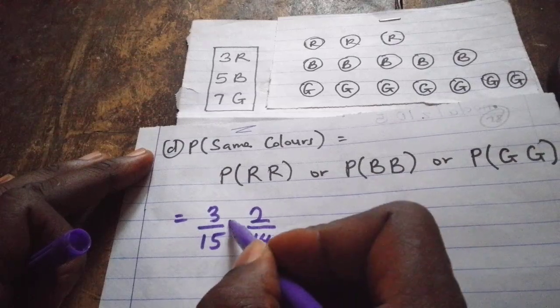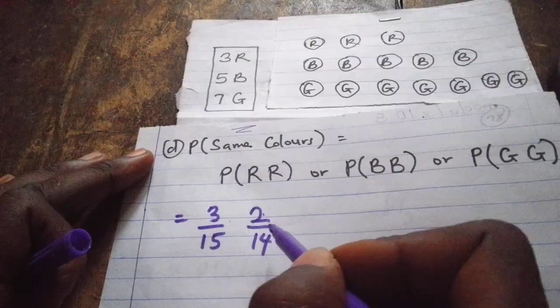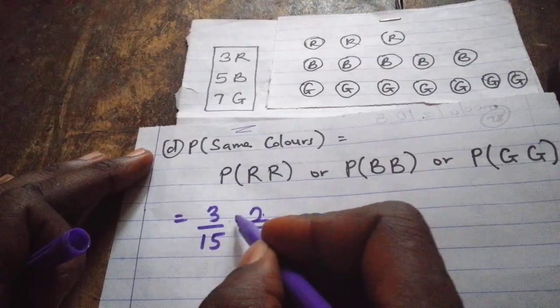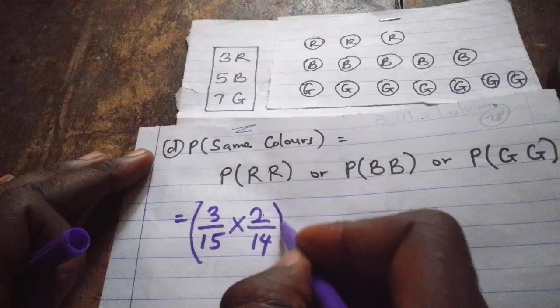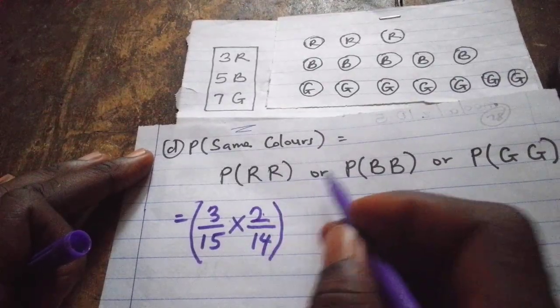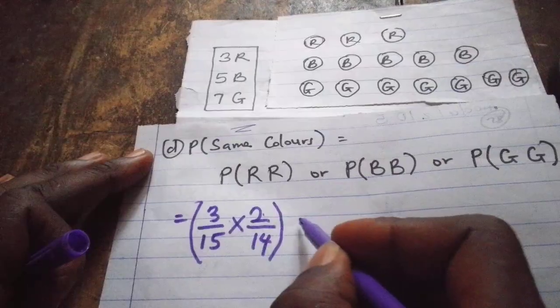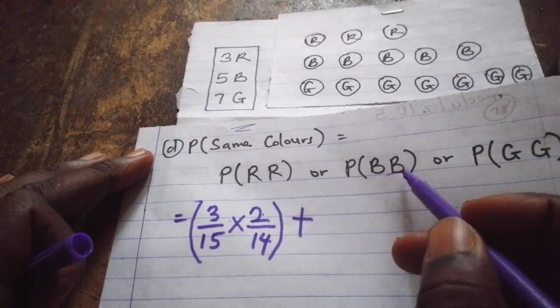So that means we'll be having what? 2/14, the probability of picking the second one to be red. So that means we are now going to multiply them together, because both of them will happen simultaneously, or because it's either this one or this or this. So we now add it to the result of when we have blue.